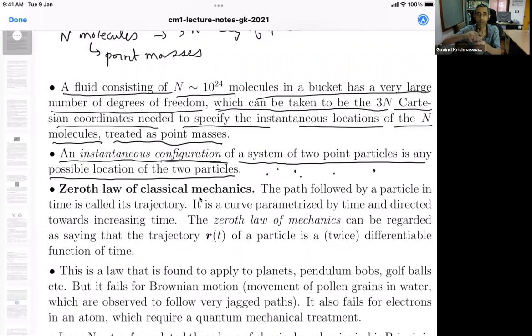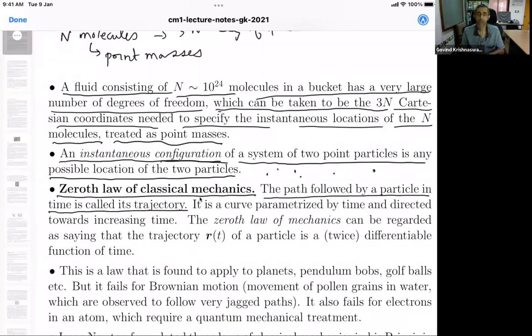Now, I wish to come to some additional concepts, the first of which I will call the zeroth law of classical mechanics. This is the way I would like to phrase it. The path followed by a particle in time is called its trajectory.